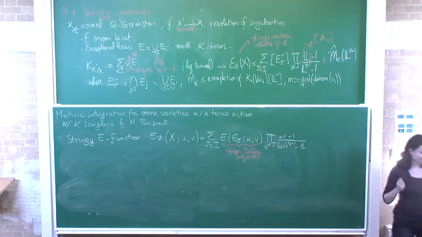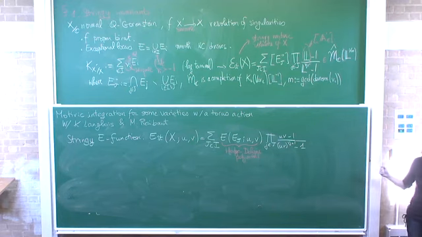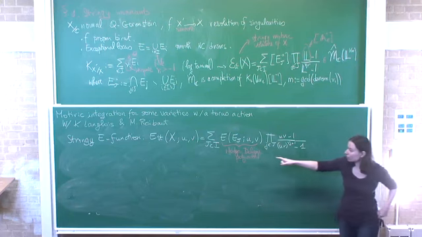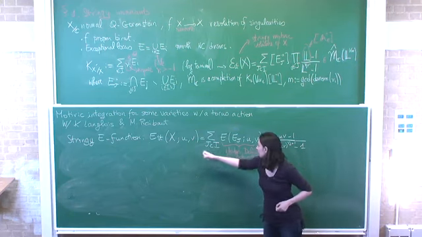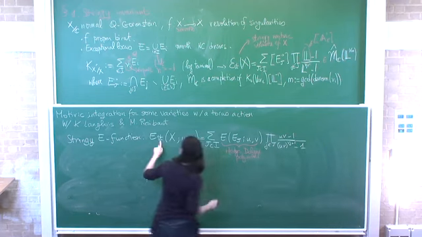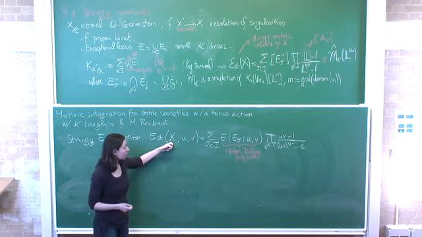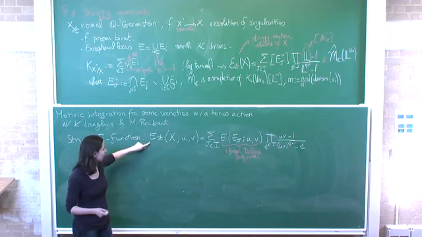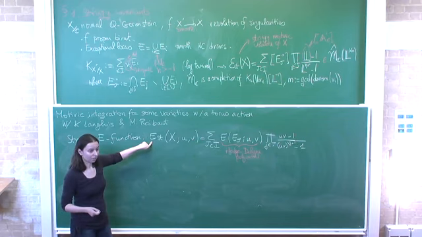And now if the variety is smooth, if X was already smooth, that would give you the original E function.